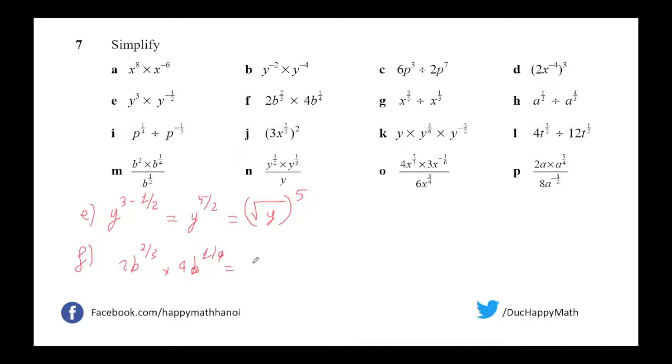The constant numbers multiplied together give 8, and for b you add the powers 2/3 and 1/4, so you get 8 times b to the power of 11/12, with 11 in the numerator.